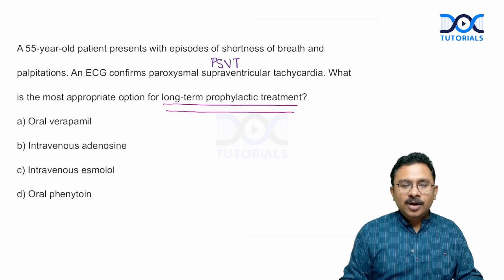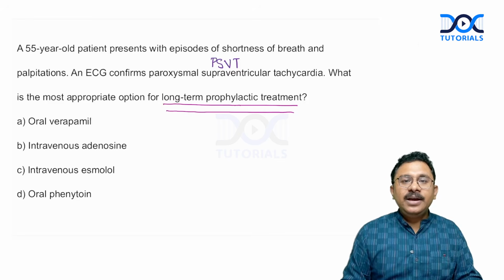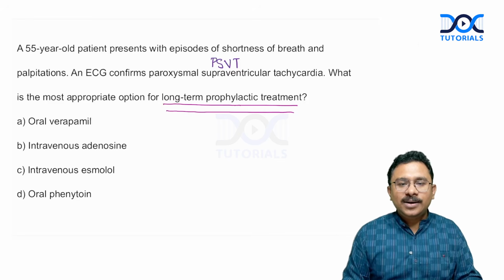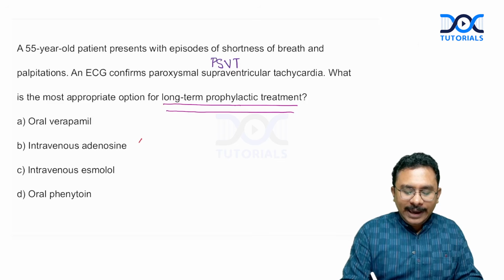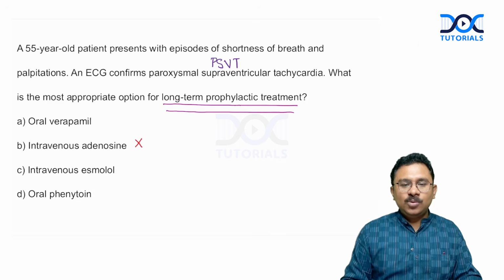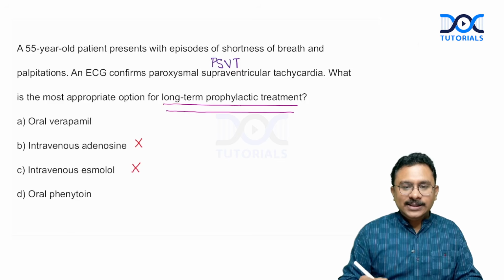So we know that for PSVT, for acute termination, IV adenosine is considered to be the drug of choice. But the question is very specific on prevention, long-term prophylactic treatment. I am eliminating IV adenosine here. I am also eliminating IV esmolol here.